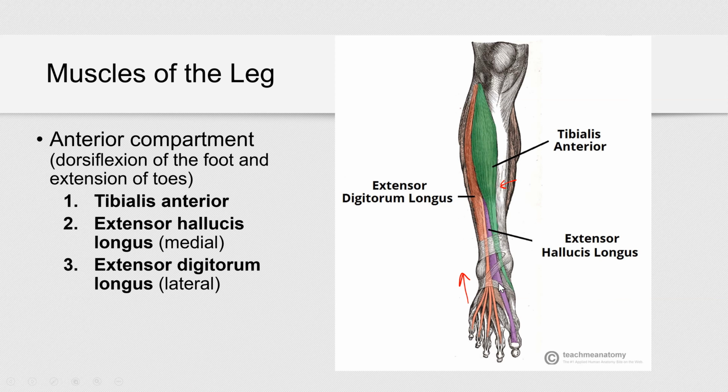Extensor tells you it's going to extend, and it's going to extend the big toe. Hallucis is big toe. Extensor digitorum, you can see that tendons go to digits 2 through 5, so it's going to extend those digits. And for hallucis, we have its own extensor muscle.